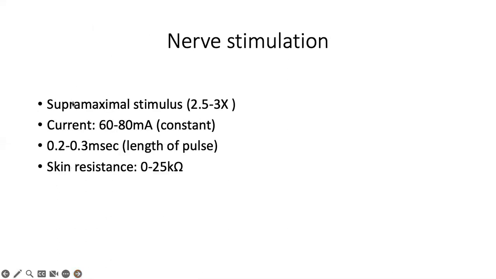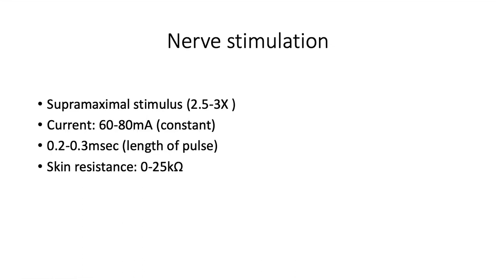Then there's what we call a supramaximal stimulus, which is 2.5 to 3 times the maximal stimulus. Why do you need the supramaximal stimulus? Because if you go back to the neuromuscular junction, the electrical impulse is what then causes the acetylcholine vesicles to be mobilized. You need a supramaximal stimulus because you have paralyzed the patient.